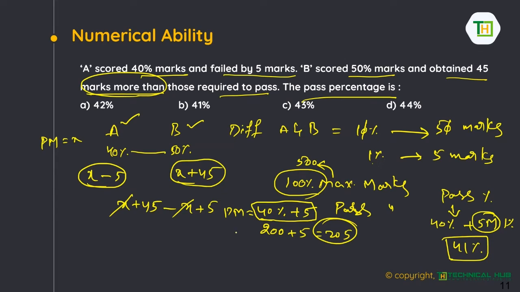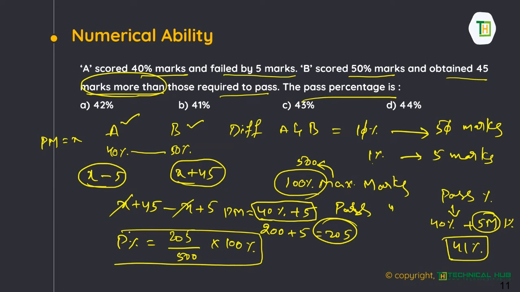In other words, you can also calculate like this: how many pass marks are there? 205 out of total marks 500, into 100. This also gives the same result. Either you can go this way or directly go with the other way. You will get the same result. 41 percentage is the right answer. Option B.